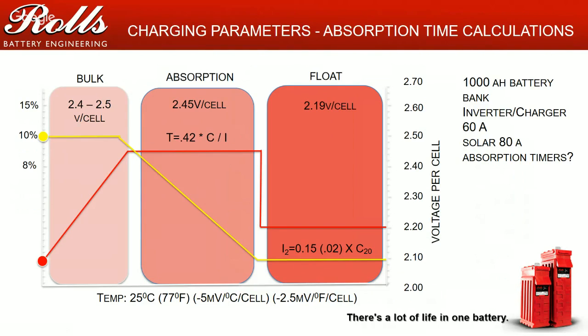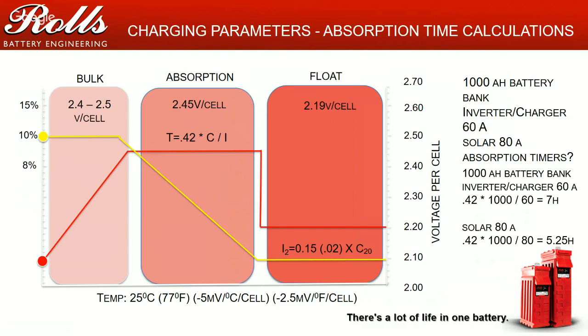For example, just to make it easy on everybody, if I have a 1,000 amp hour battery bank, an inverter charger rated at 60 amps, and a solar array rated at 80 amps, my absorption times aren't the same for both devices because I have two different charging sources. Very rarely is your inverter on while you have sun; most people aren't running their inverter charger unless they have a problem.